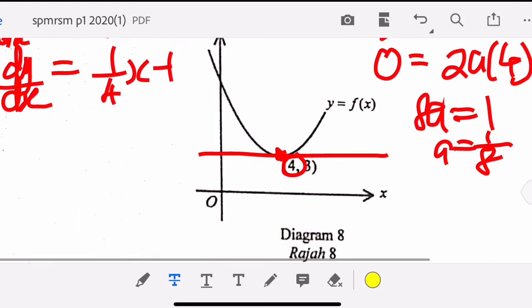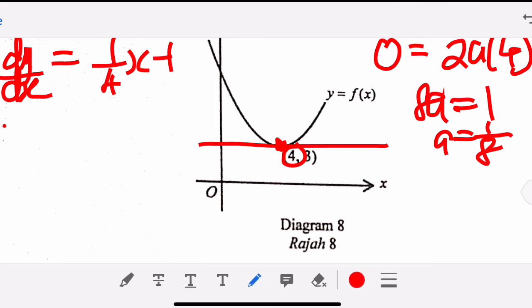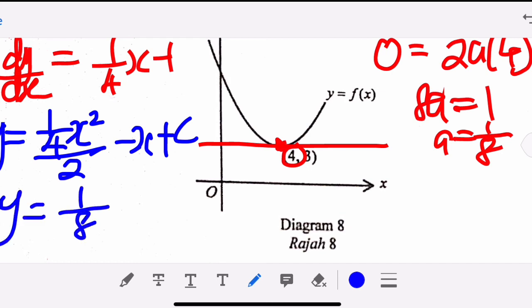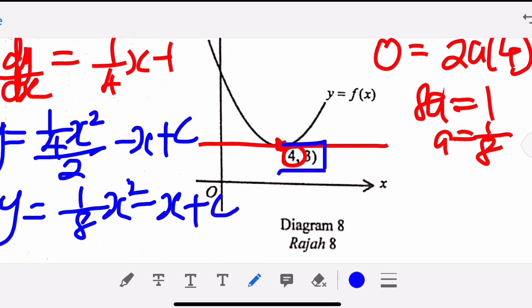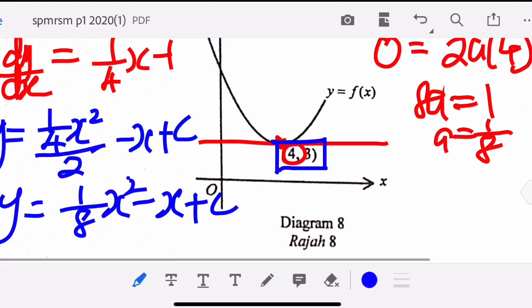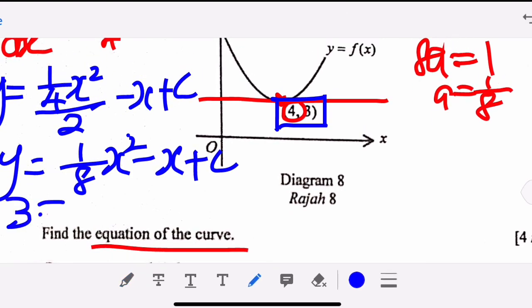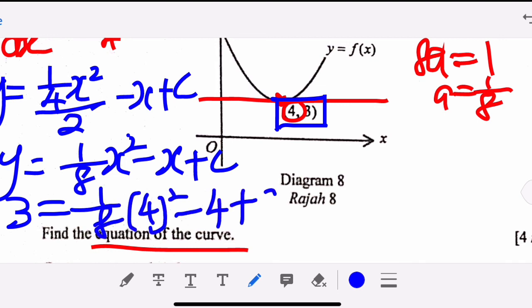So how do we find the equation of the curve? We have to integrate: 1 over 4 times x squared over 2 minus x plus c. So we get 1 over 8 x squared minus x plus c, and in order to solve for c, we have to use the point on the curve. So now we substitute 3 equals 1 over 8 times 4 squared minus 4 plus c.